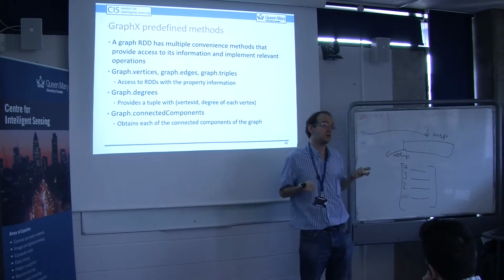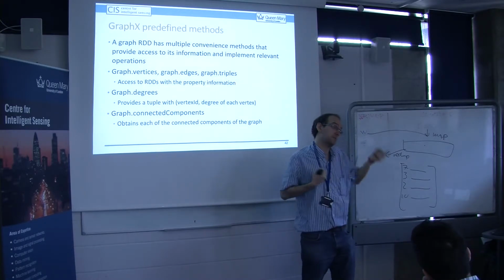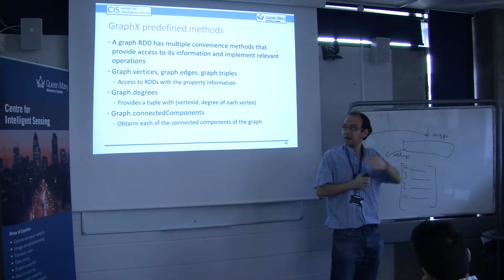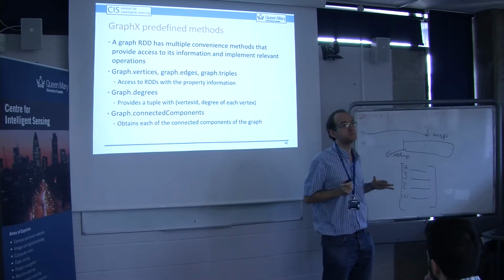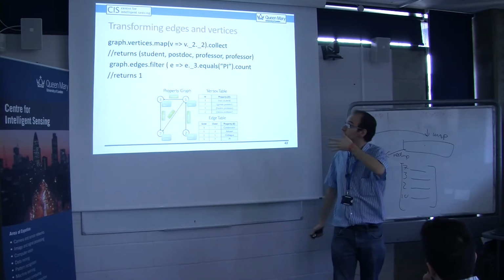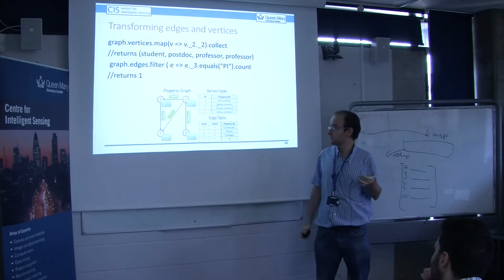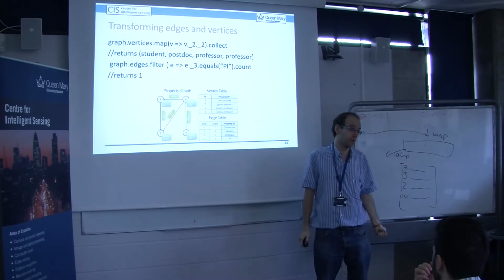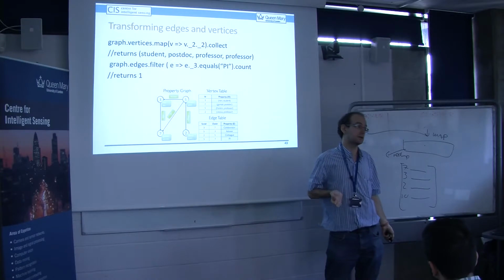We can also implement something like PageRank. The metric I was mentioning before is already predefined here. So you don't necessarily need to use the more powerful programming interface if you want to get access to that.